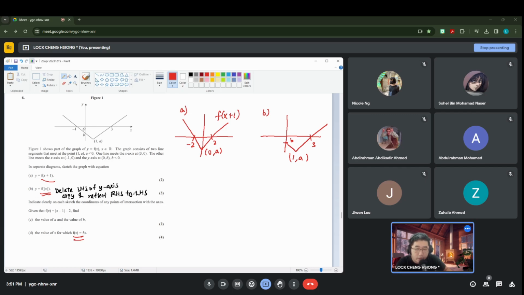Copy and reflect the right hand side to the left hand side. That means I have symmetry. That gives me negative 3 here and negative 1 and a here. The final answer for f of modulus x is this graph. Can you follow?